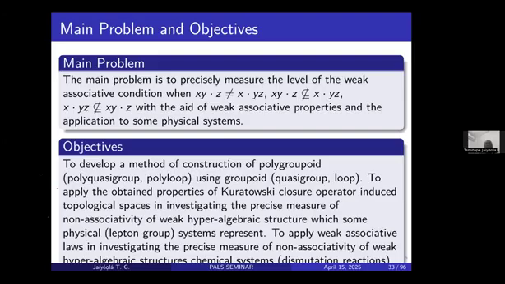The objective is to develop a method of construction of polygroupoid, polyquasigroup, and polyloop using groupoid, quasigroup, and loop. Then also to apply the obtained properties of the Kuratowski closure operator induced topological spaces in investigating the precise measure of non-associativity of weak hyperalgebraic structures, which some physical systems represent.